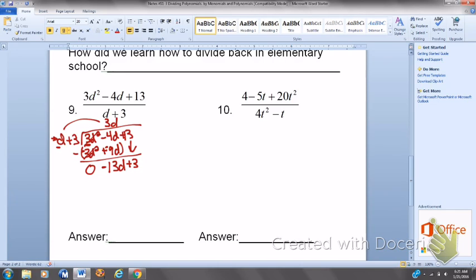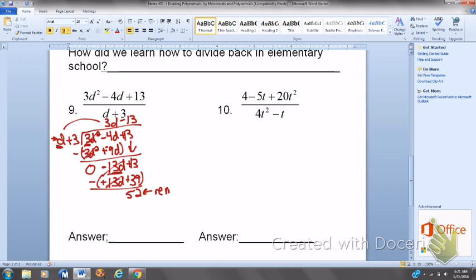Now I'm going to do this again, but I'm going to use these two things. What times d would give me negative 13d? Well, times negative 13. I'm going to place that in the ones column. Now we do the same thing. Negative 13 times d is negative 13d. Negative 13 times positive 3 is negative 39. But I'm going to subtract them, so it's really plus. Those two cancel, which is what we want. 13 plus 39 gives me 52.